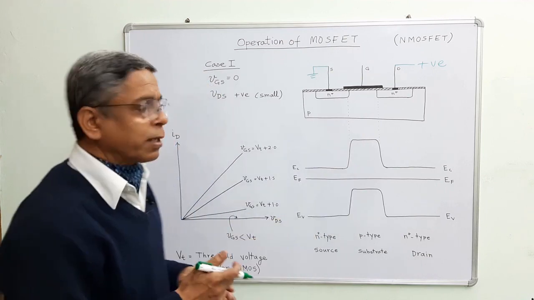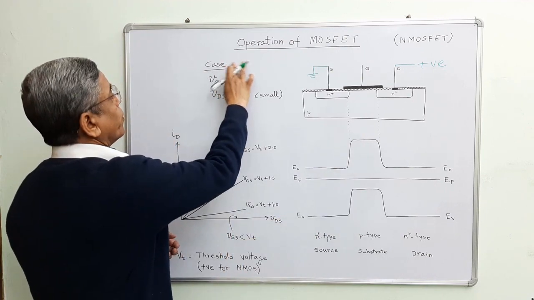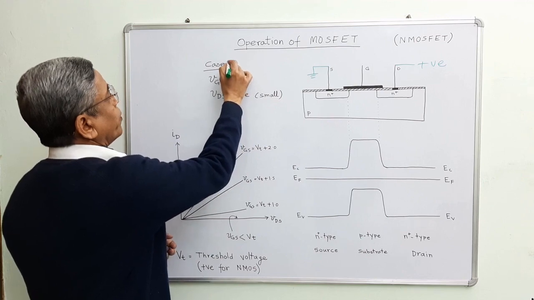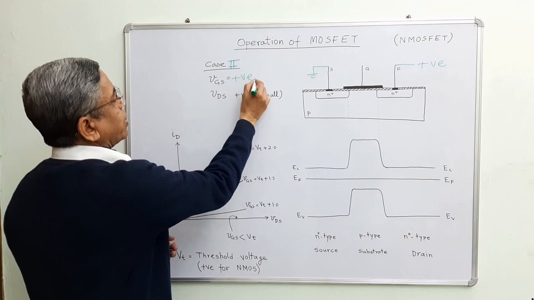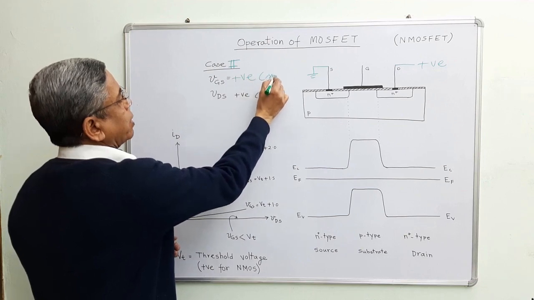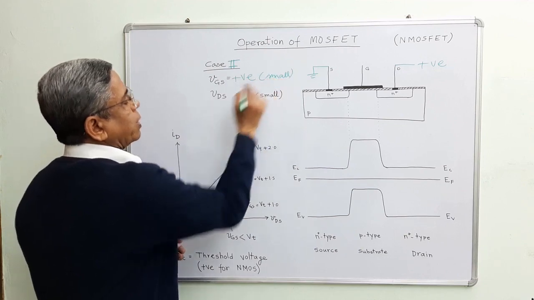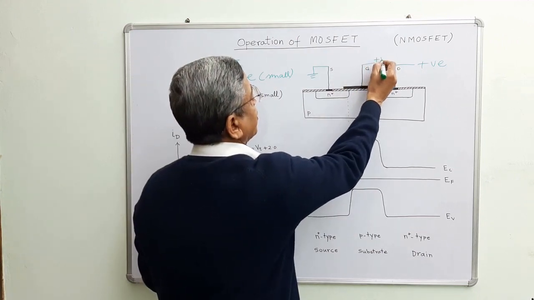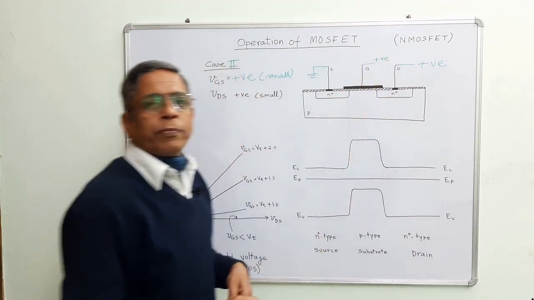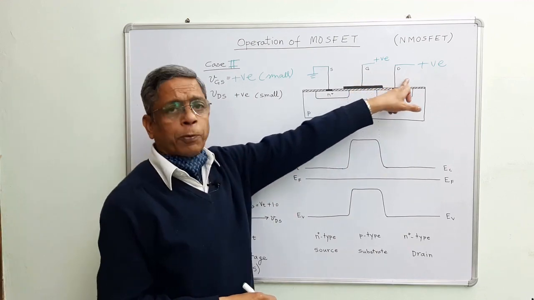Now let us take case 2. When VGS is a little bit small, positive value, this is again positive. Now the gate is positive, this is positive.